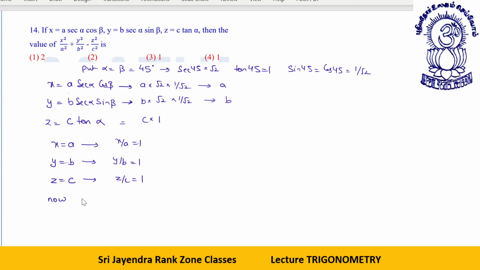Now, X by A square plus Y by B square plus Z by C square will be equal to what? 1 square plus 1 square plus 1 square, that will be equal to 3, which is option number 2 or 3, whatever may be the answer.